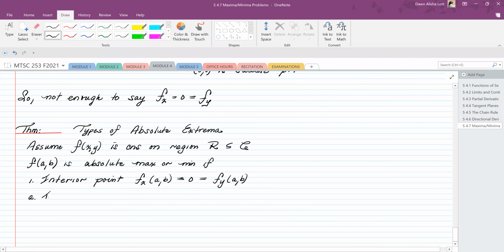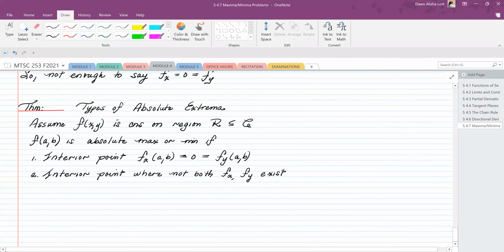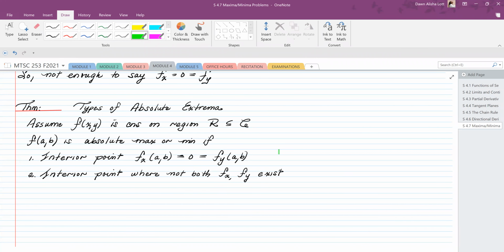So it's an interior point where not both f sub x and f sub y exist. Okay, so those two things make it a critical point. So these two things are critical points.